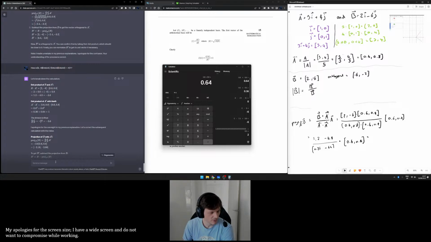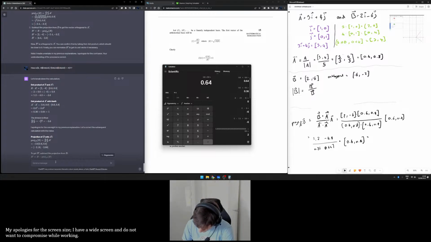Wait, what has it got here? So 0.6, dot product of A with itself. 0.6. Yep. 2 times 0.6 is 1.2 minus 4.8. I see. Was that 1.64 or 0.64?